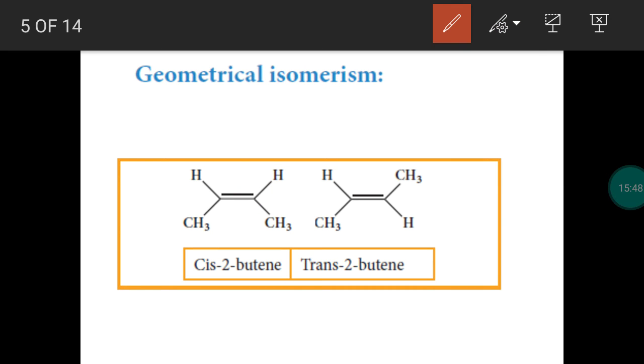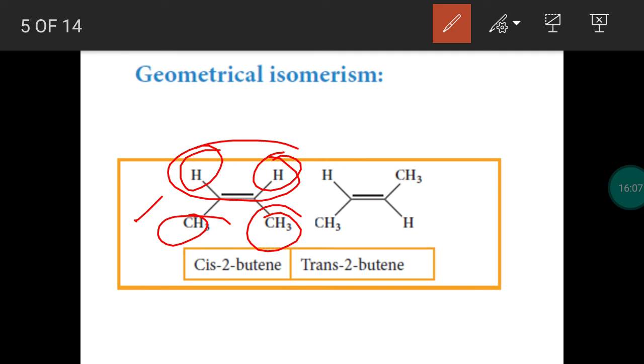How can we differentiate the isomers as cis isomer and trans isomer? Take the first one. The similar hydrogen atoms are lying on the same side. The similar methyl groups too. This is called 2-butene.